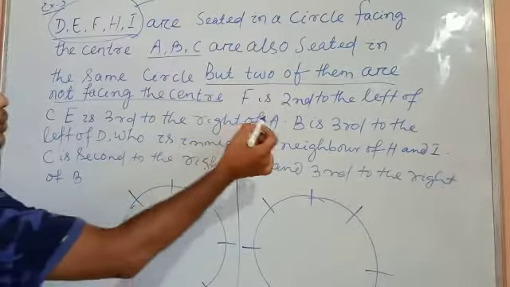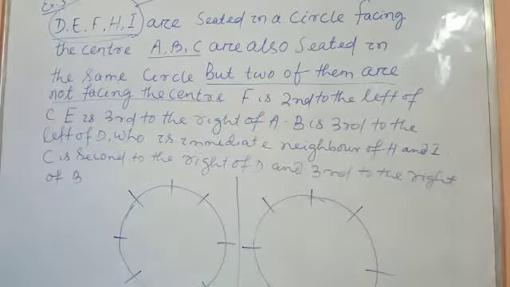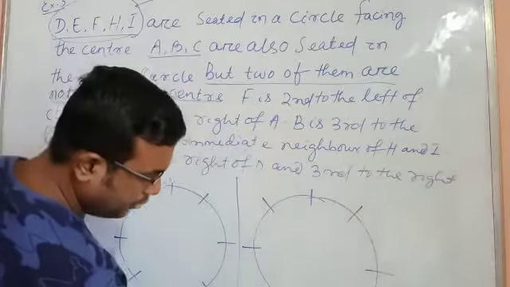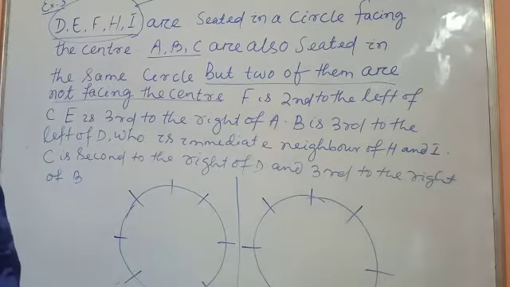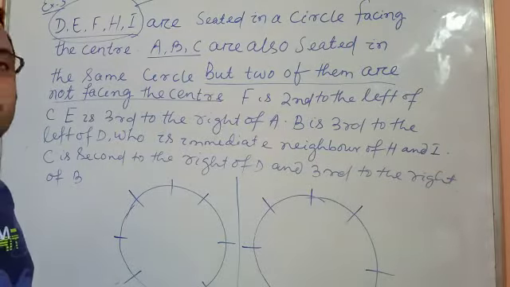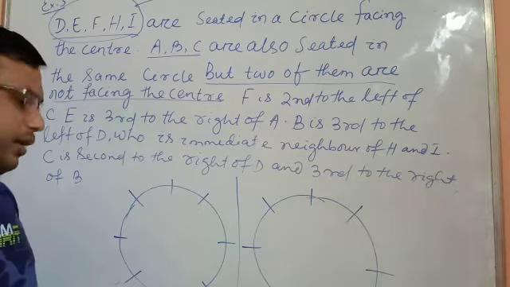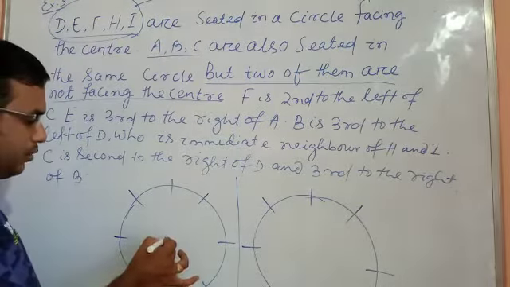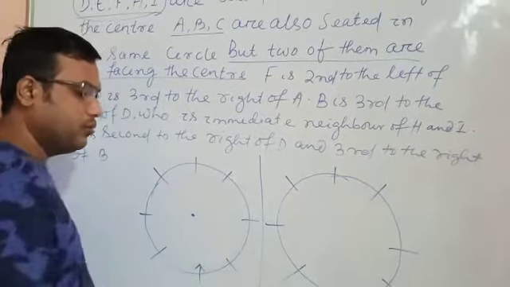Now come to the information. F is second to the left of C, right? Suppose put C here, and in this figure also you put C here. You don't know in which direction the member C is facing, either inward or outward. So hence you put in one figure the inside facing direction, in another figure outside.